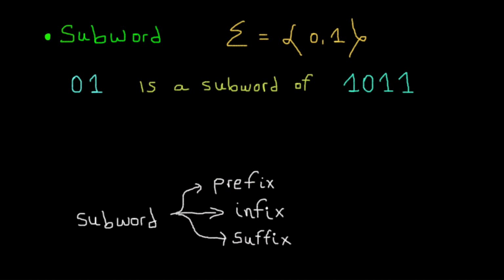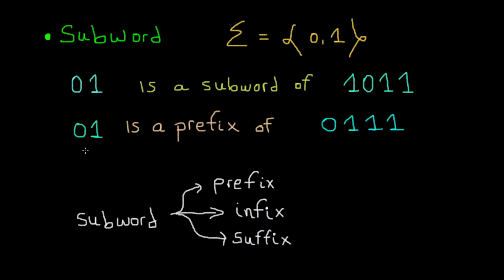Now, in the context of formal language theory, a subword of a word can be categorized as either a prefix, a suffix, or an infix based on its position within the word. For instance, a subword is considered a prefix if it appears at the beginning of the word.